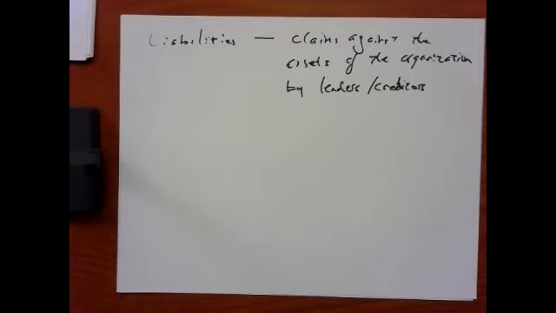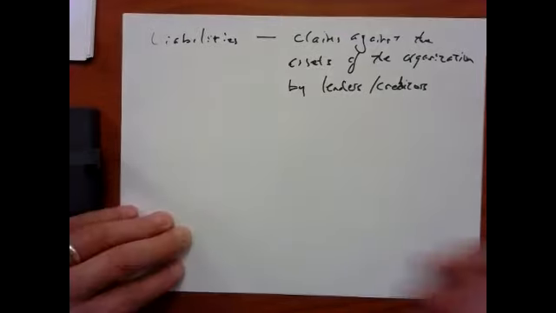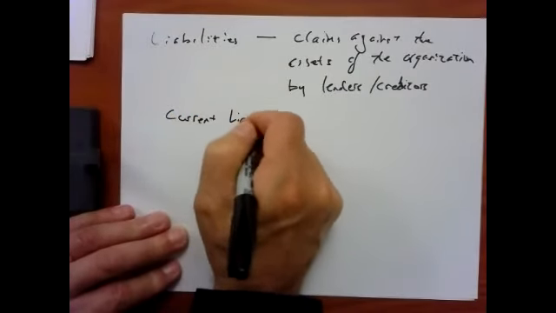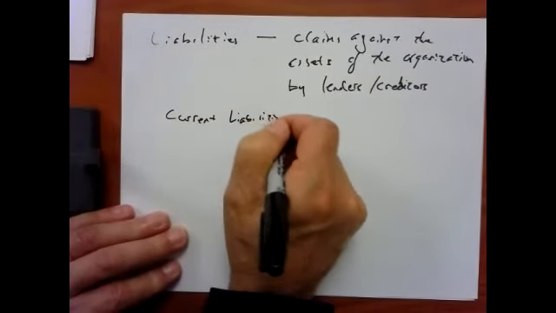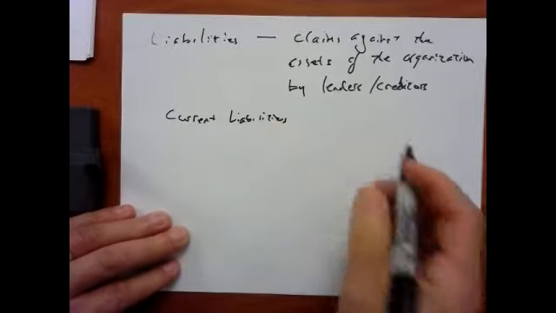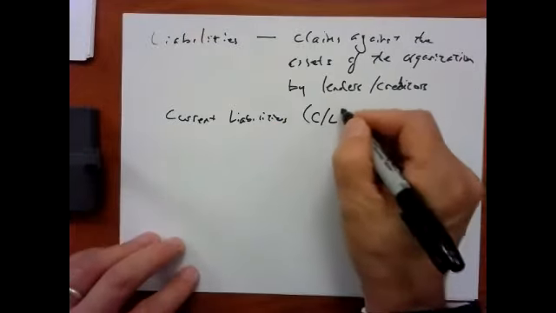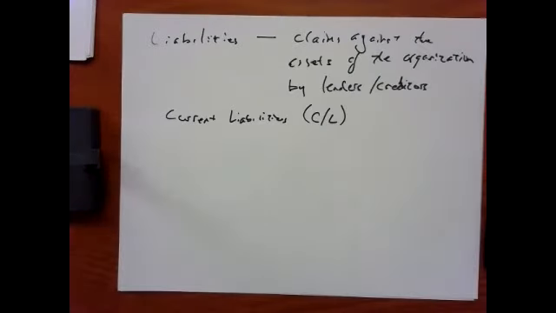Some of your liabilities are going to be current liabilities, which is what we list first. Current liabilities, which I'll abbreviate CL, as opposed to CA for current assets, are liabilities that are expected to be paid back in how much time? A year or less, that's going to be a current liability.